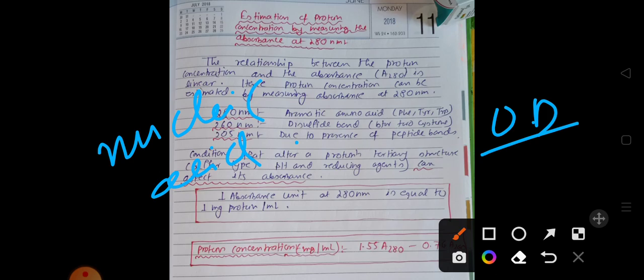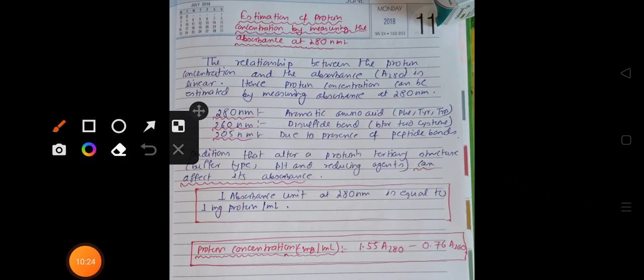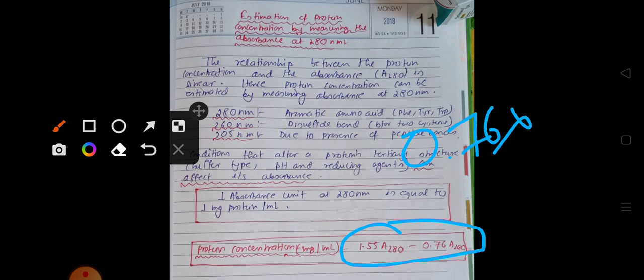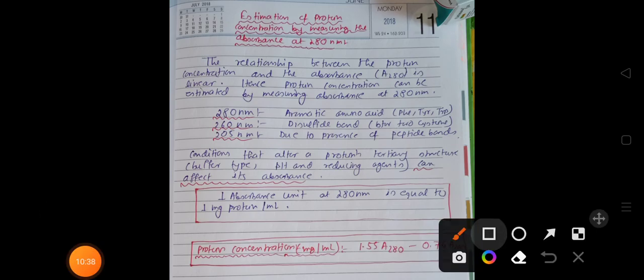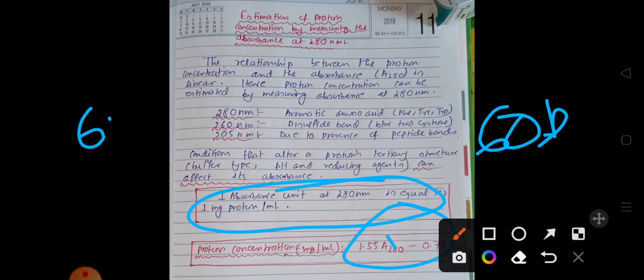So to determine the most accurate protein concentration, you have to use this formula: 1.55 times the absorption at 280 nanometer minus 0.76 times the absorption at 260 nanometer. Suppose you get a value of 6 OD here. According to this formula, you then have 6 milligram protein per milliliter. So that is the idea.